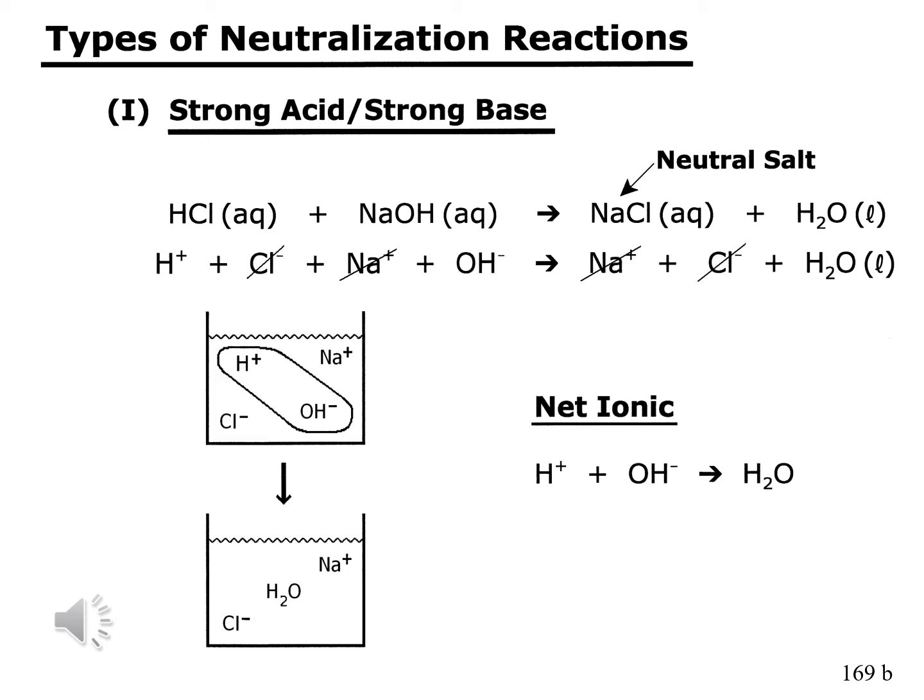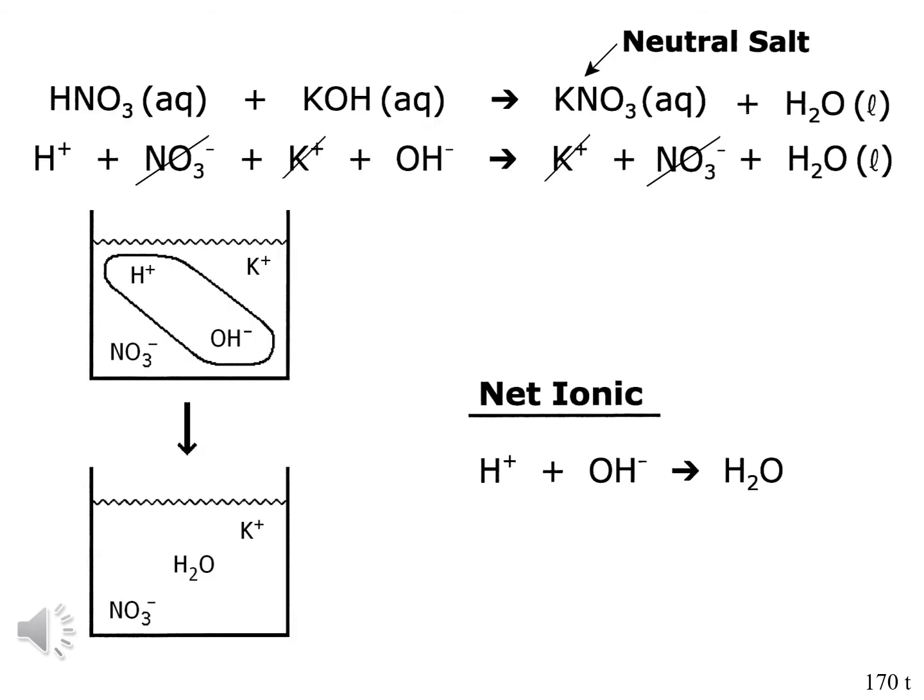This is going to be important later when we talk about titration curves, which we're going to do at the end of the next class. Now this diagram just shows that if you change the spectators in this, it's not going to change the net ionic equation because it's just going to give you a different salt. Whatever the metal is connected to OH combined with whatever the negative is connected to H.